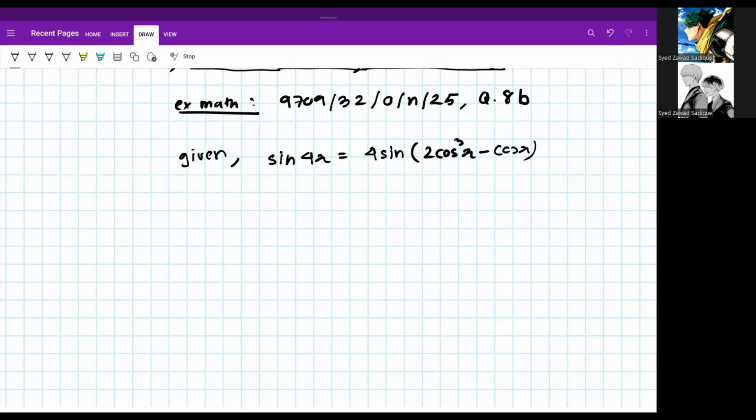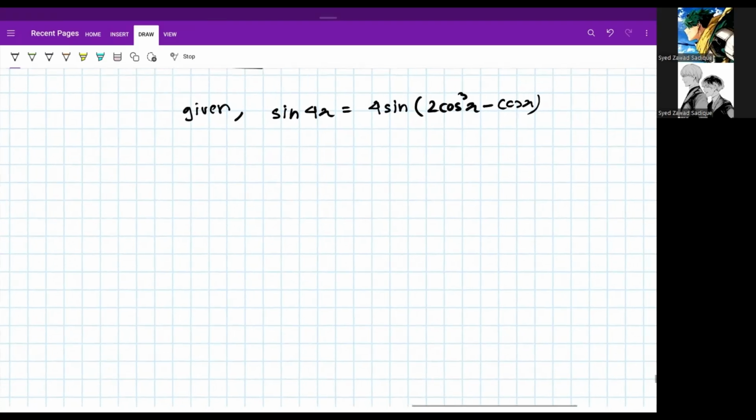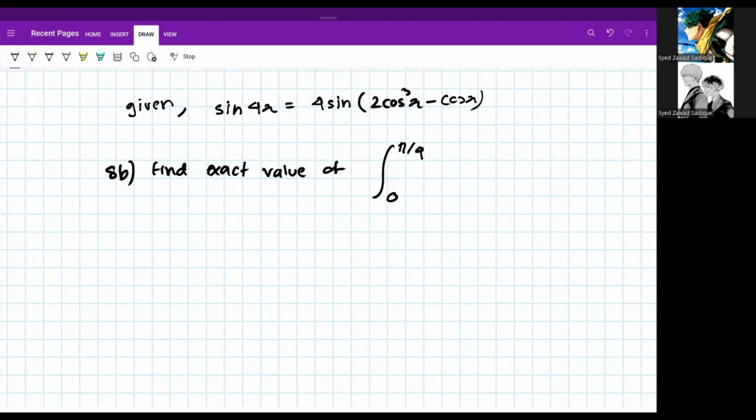Okay. Now I will pick up the pace. All right. So what are we told? We are told in question 8b, find the exact value of the integral from 0 to pi by 4 of cos cube x sine 4x dx.